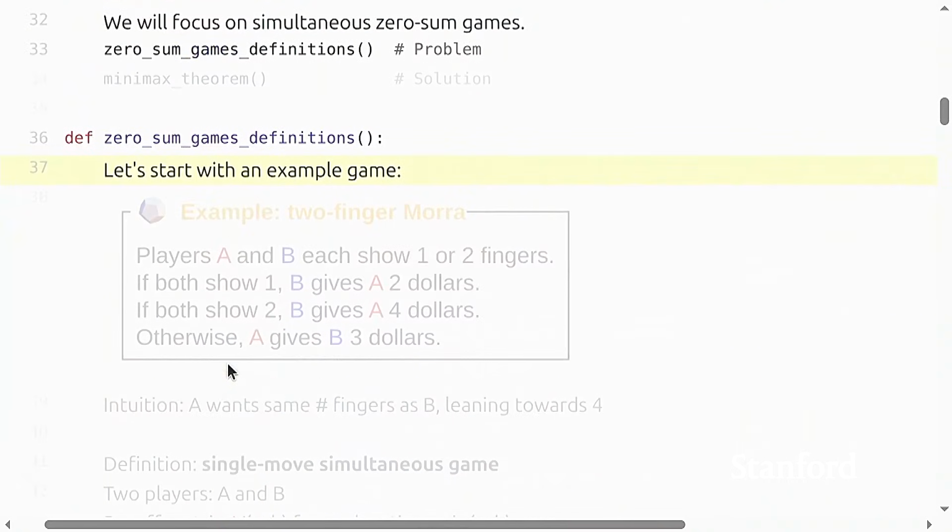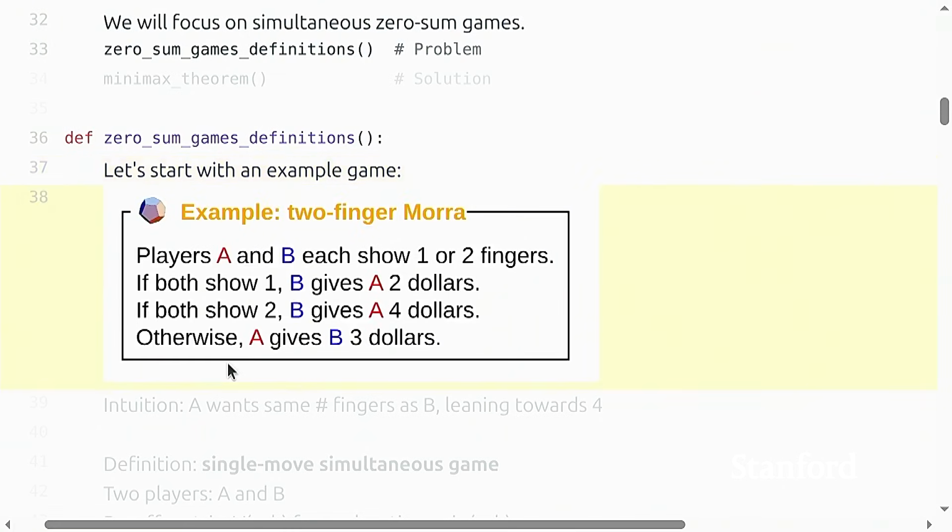I'm going to present to you another game which is hopefully more obscure than rock, paper, scissors. So here's how the game works. You have two players, A and B, and each is going to show either one or two fingers. If both show one, then B gives A $2. If both show two, then B gives A $4, and otherwise, A gives B $3.